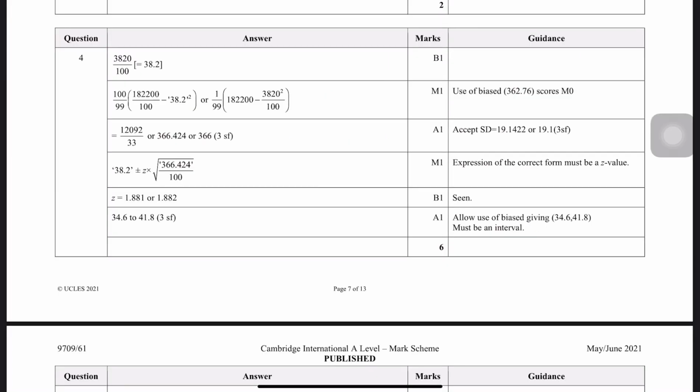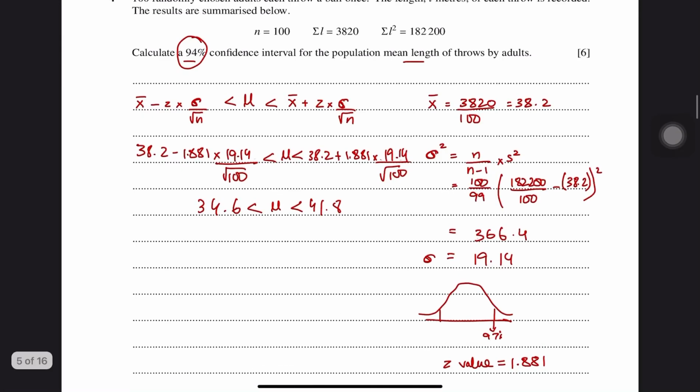I made a calculation mistake that would have gotten me 1 mark less than the total marks.